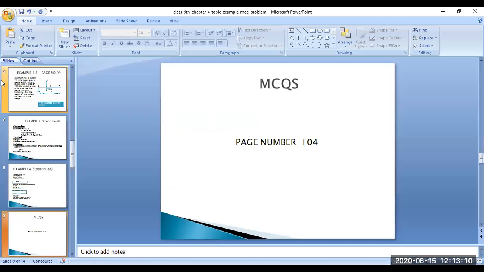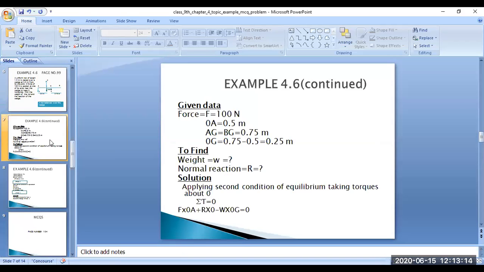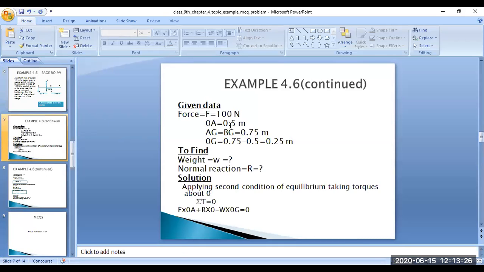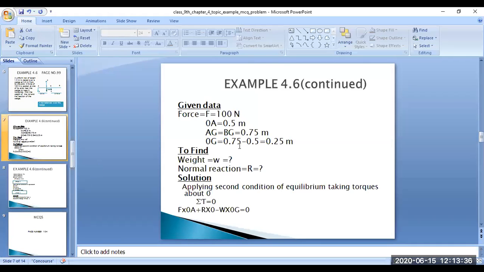Okay. We are on this example. Now I'm moving towards solving example 4.6. Force is given to me, 100 Newton. If you read the numerical, the force is 100 Newton. Then OA is 0.5 meter. Here the O to A distance is 0.5 meter. Then AG equals BG.